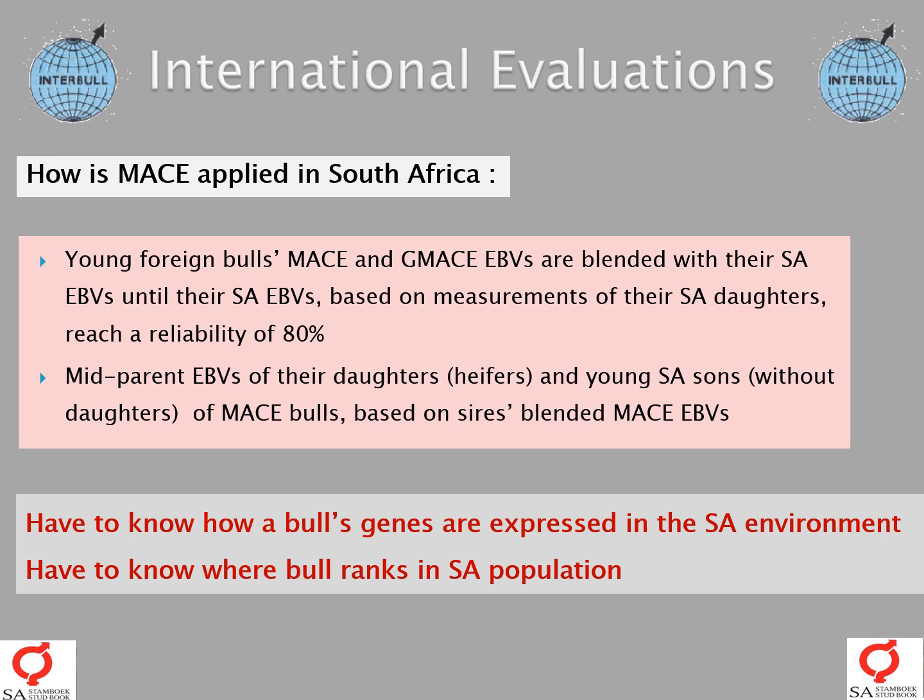Furthermore, the mid-parent breeding values of their daughters, the young heifers at that stage not measured yet, and young South African sons that still do not have measured daughters, of these MACE bulls are then based on the sire's blended MACE EBVs. The bottom line of the implementation of MACE is that our breeders have to know how a bull's genes are expressed in the South African environment, and they have to know where the bull ranks in the South African populations.